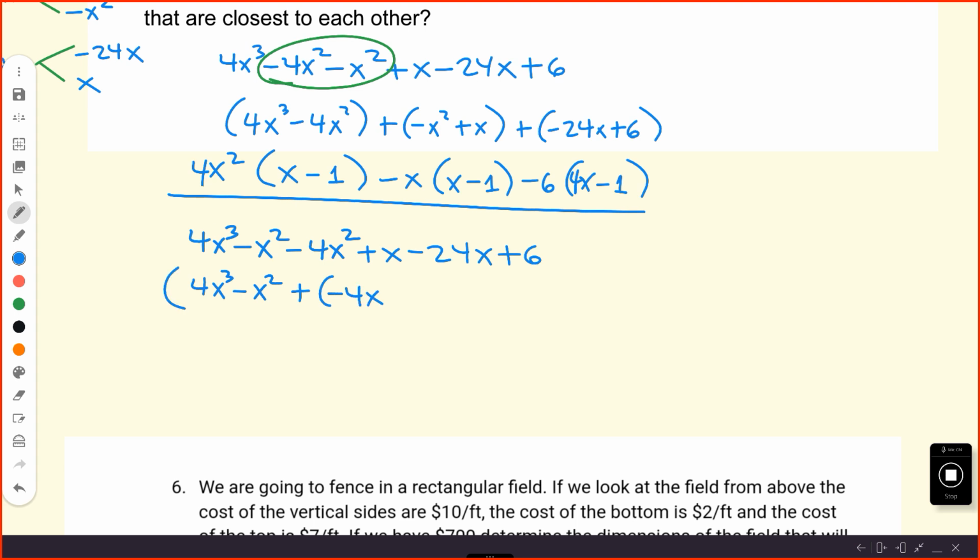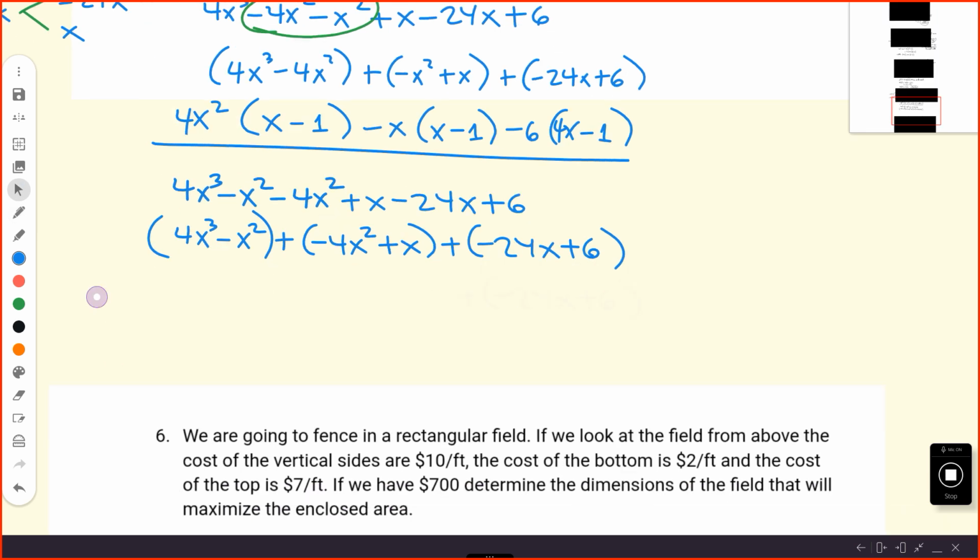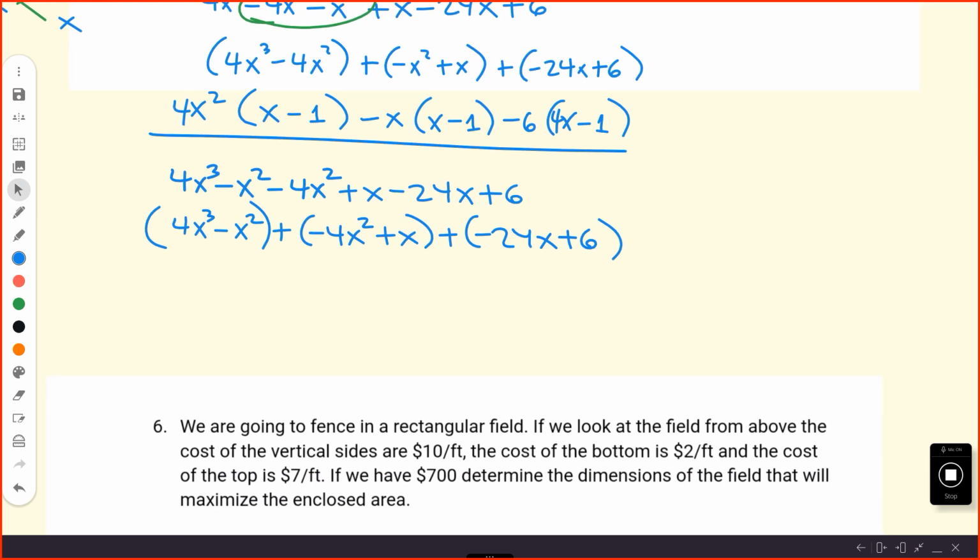I'm just going to do this again, and we'll factor again. Can we now find a common factor? Yes or no? Yes. So, the common factor in the 3 groups: if this is x cubed, this is 4x minus 1.